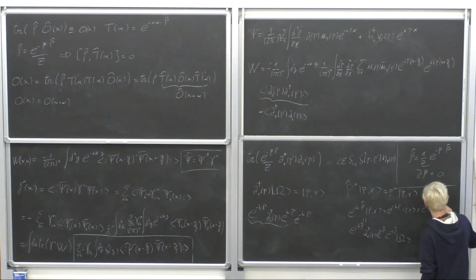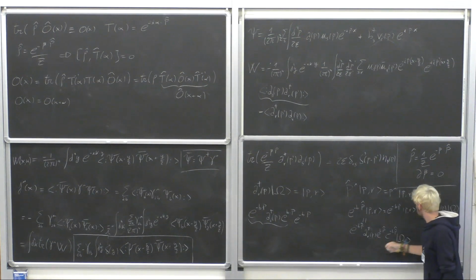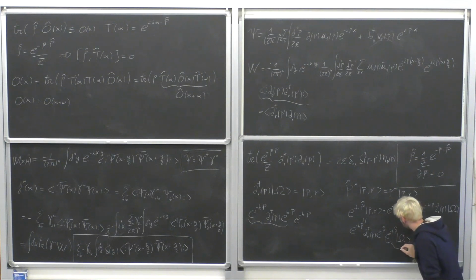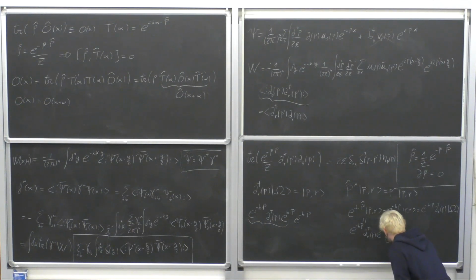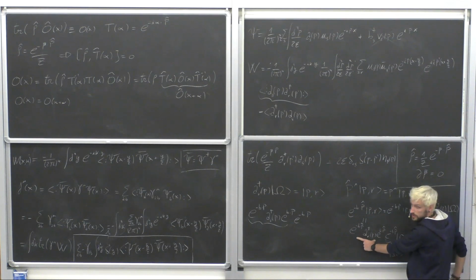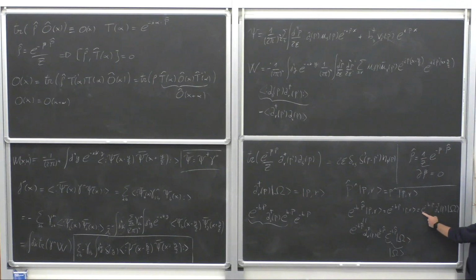So by comparing these two expressions, noticing that the vacuum is invariant, so this is just |Ω⟩ again, we have that the translation operator acting on the creation operator just gives us an exponential of the eigenvalue p.